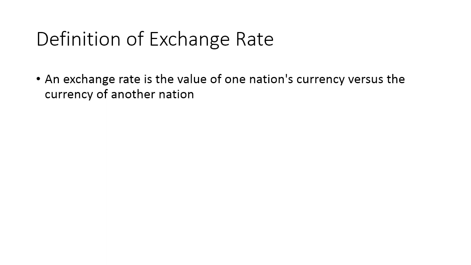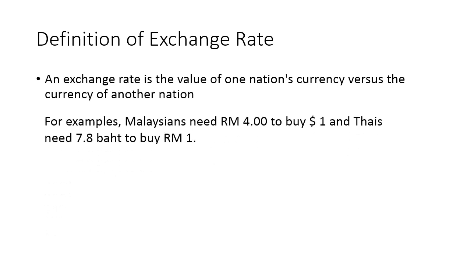In the market, currencies are bought and sold at a certain price. For example, Malaysians need RM4 to buy 1 US dollar, and Thais need 7.8 baht to buy 1 ringgit.